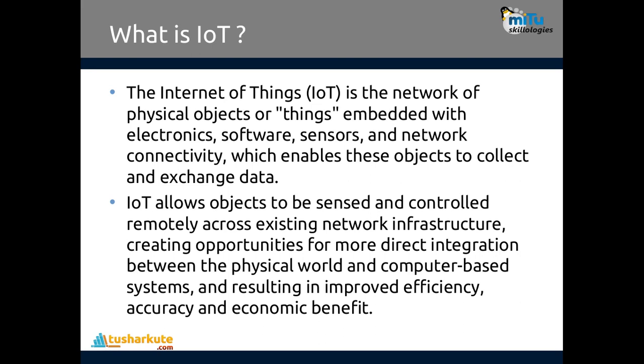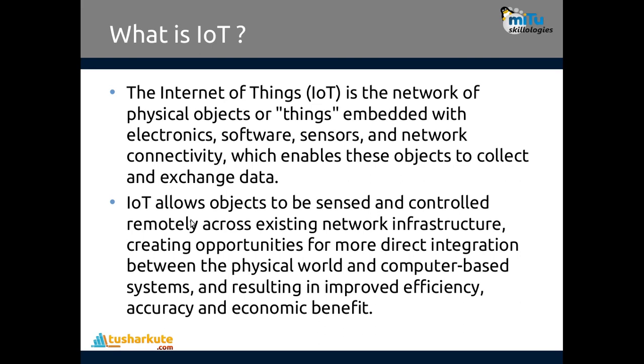And why do we connect them? Because to collect the data, we have to exchange the data, we have to create a communication network among all. So IoT is a network by which you connect every non-living and living thing together. They will communicate with each other, collect data from each other, and then they can control each other also. This is what IoT is.